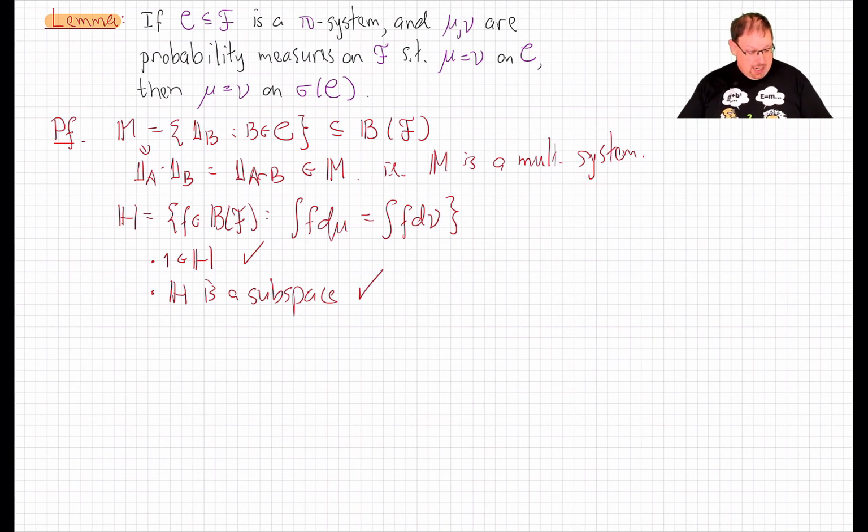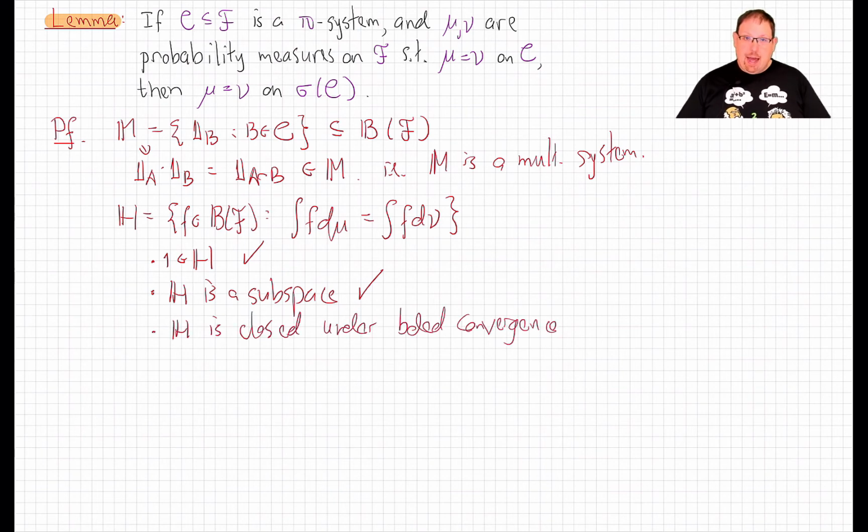We need to see that H is closed under bounded convergence. And that follows immediately from the bounded convergence theorem, or if you like, the dominated convergence theorem with a constant as the dominating function.